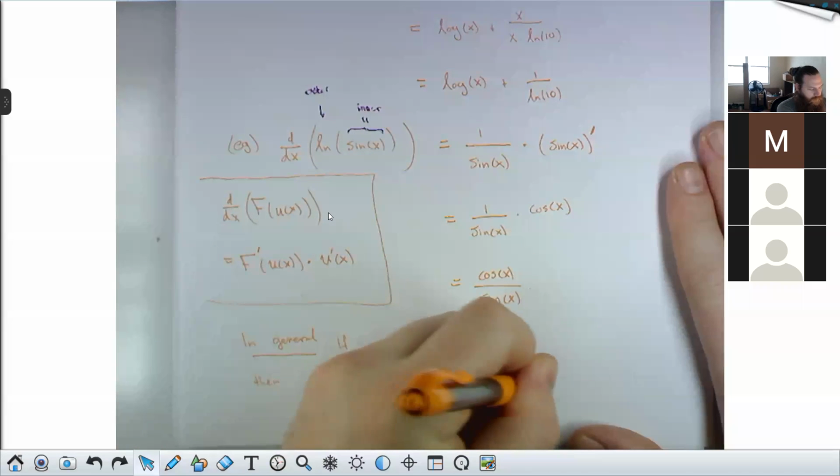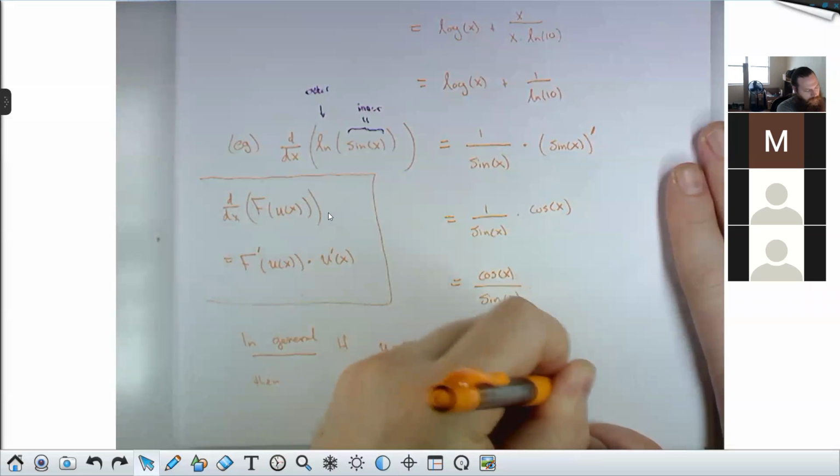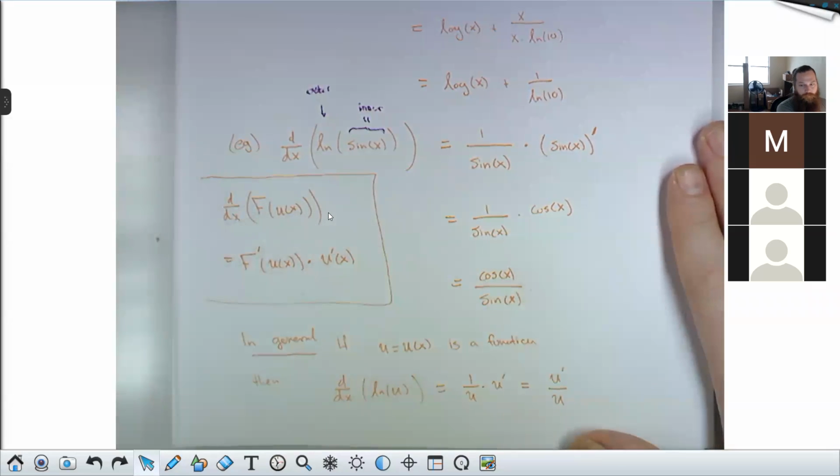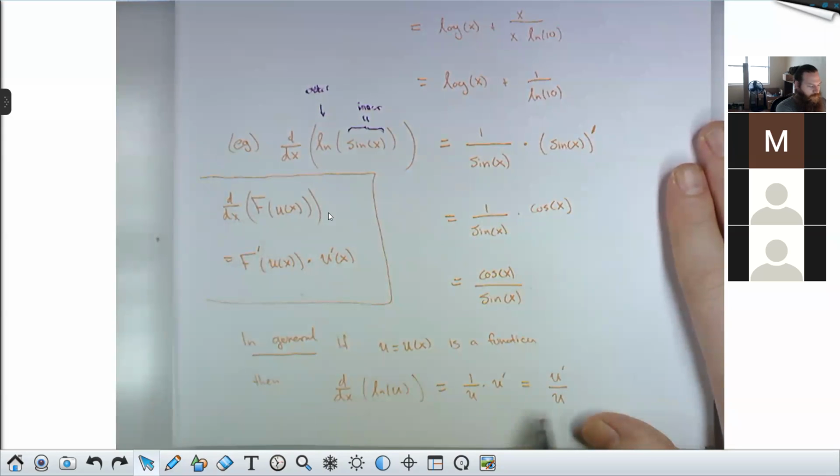The way I actually like to remember this is as u primed over u. So if you want to differentiate the ln of some stuff, it's the derivative of that stuff divided by that stuff. Stuff primed over stuff.